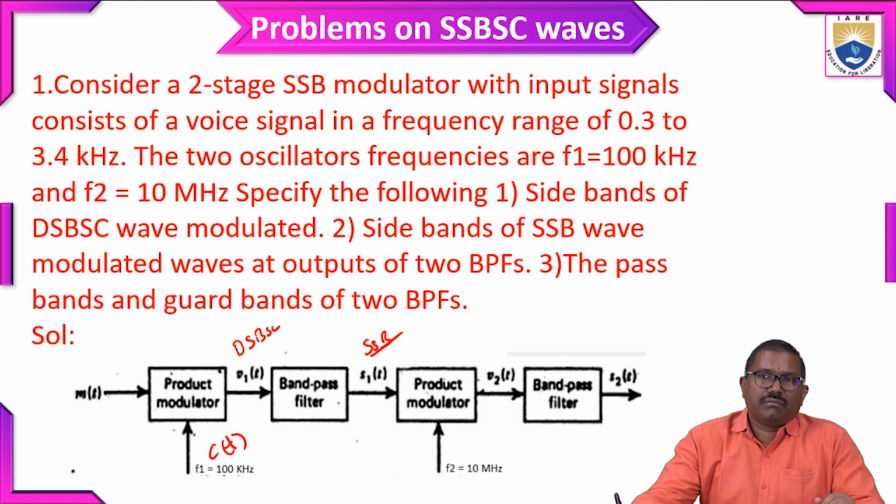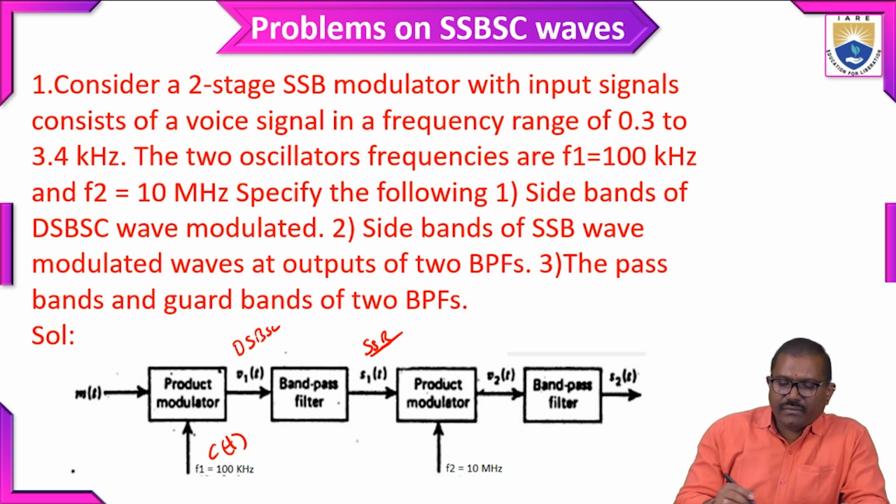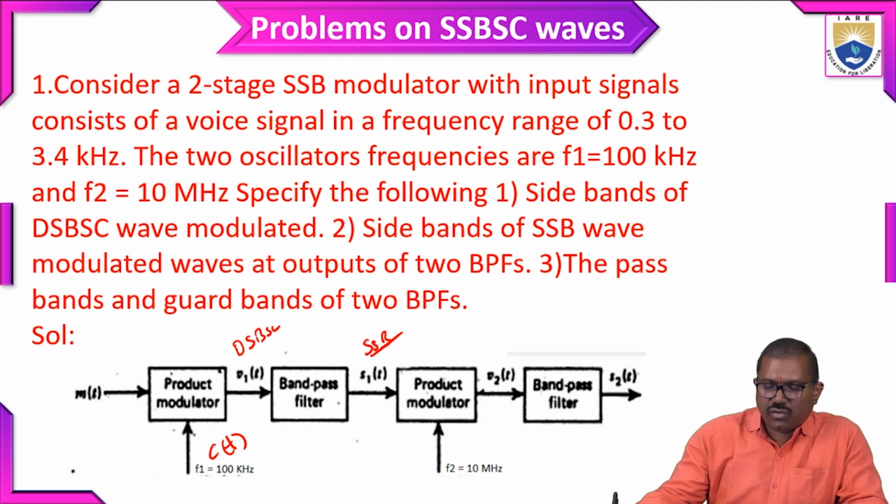Now what is the given data? By using the data, we are going to find the sidebands, passbands and guard bands of these bandpass filters. The frequency range of the voice signal is the message signal, which is 0.3 to 3.4 kilohertz, and the oscillator frequencies are FC1 and FC2.